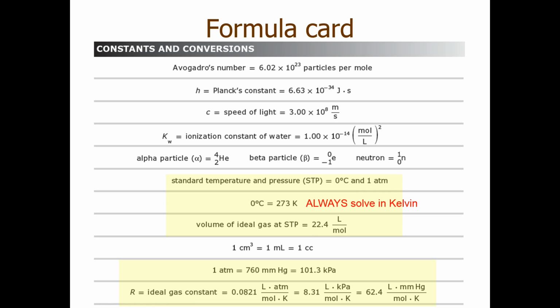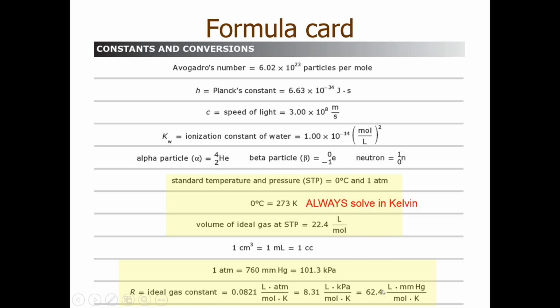Other things that are very, very important to you are these conversions here between atmospheres, millimeters mercury, and kPa, which is kilopascals. And then finally, we have this ideal gas constant, a value called R. The value R is used in the ideal gas law formula, PV equals nRT. And as you can see, there are actually 3 different values.